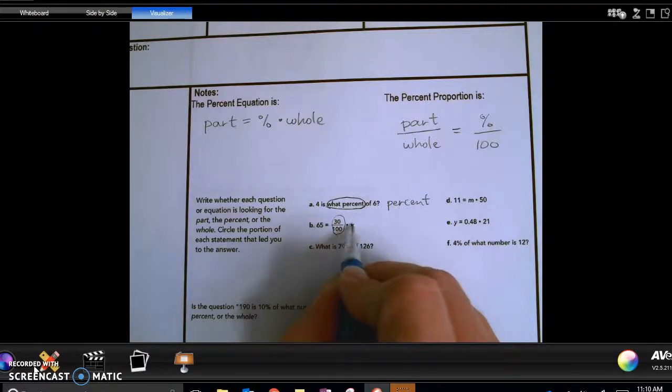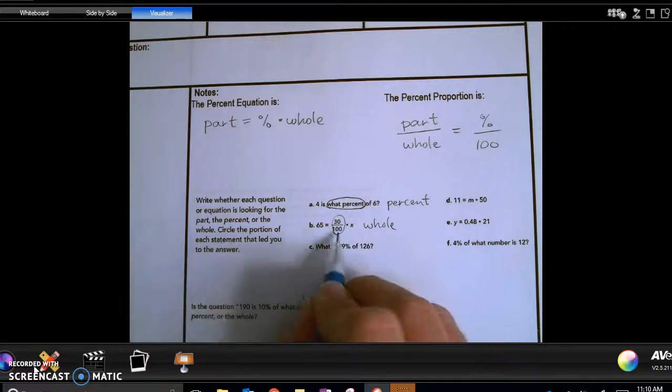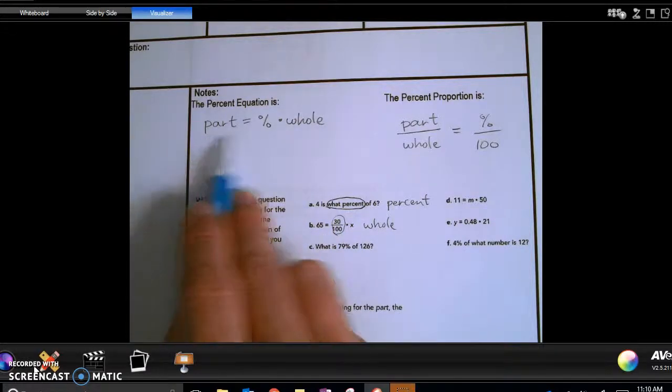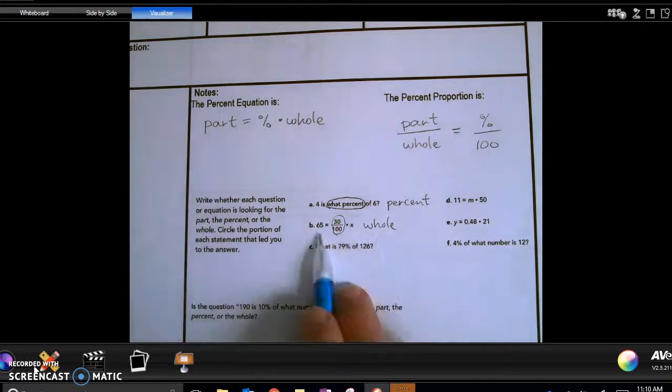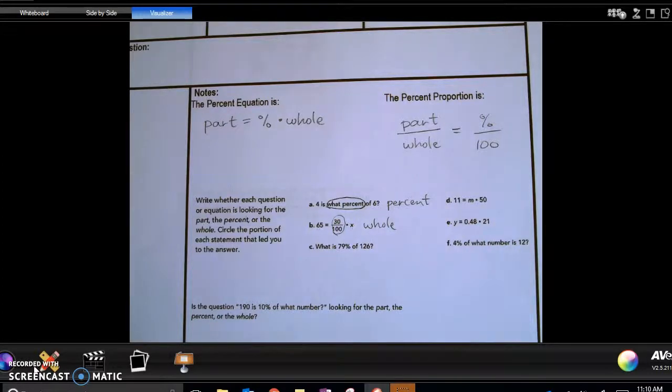So x must be my whole. I'm trying to find 30% of the whole, and that's going to give me my part. So if we go back up here, part equals percent times whole. So x is my whole, that's what I'm looking for here.